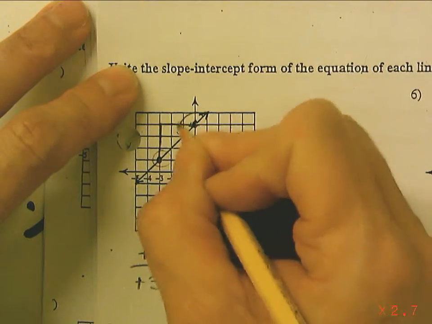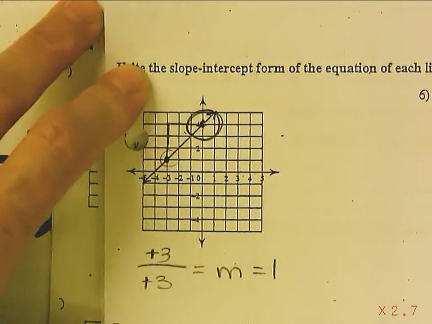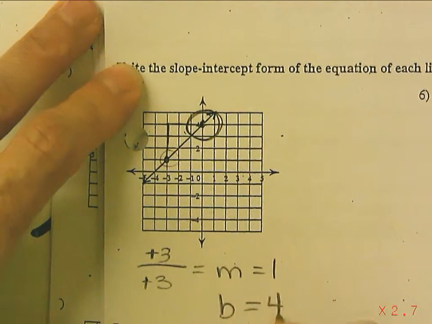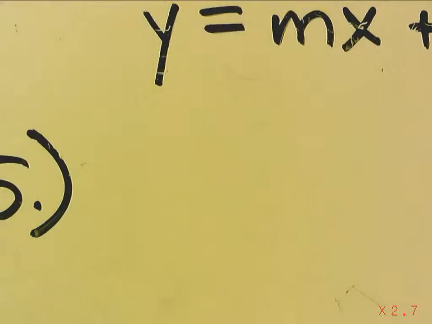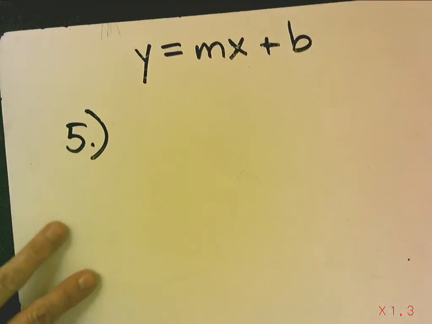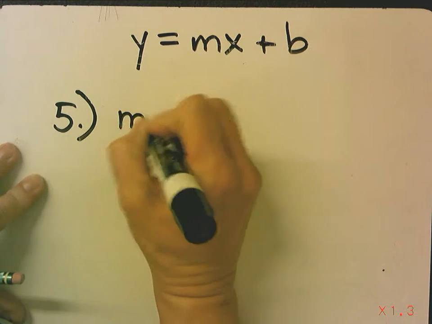Now notice on the picture it shows me where it crosses the y-axis, and it crosses at 4. So b equals 4. So for this particular one, I know that m equals 1.